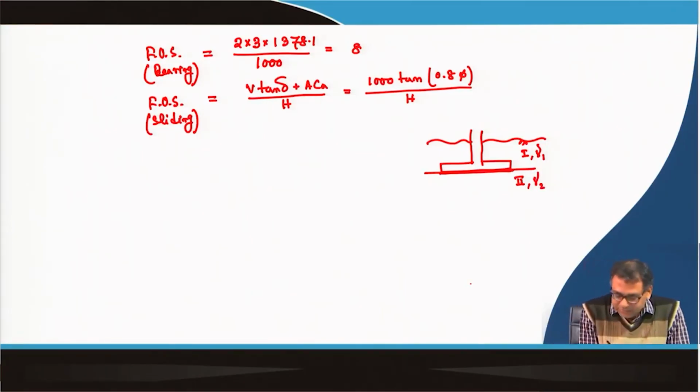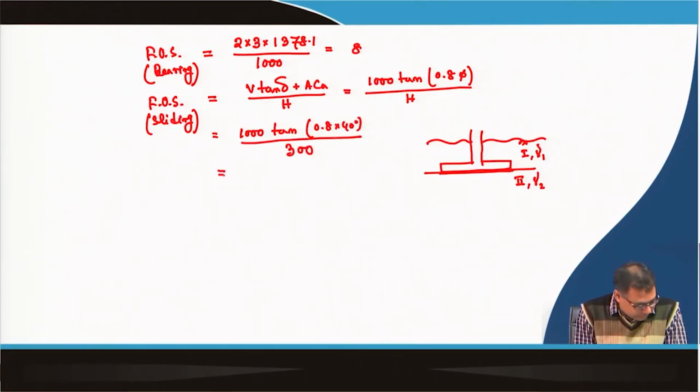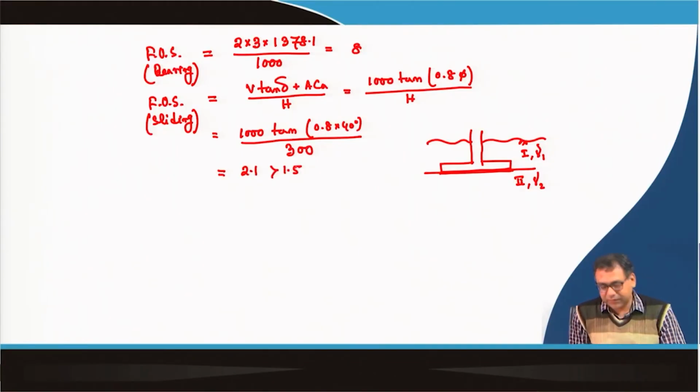So, remember that. Now here it is 1000 into 10, 0.8 into 40 degree, and H is 300 kilonewton. So, which is 2.1, greater than 1.5, it is fine.